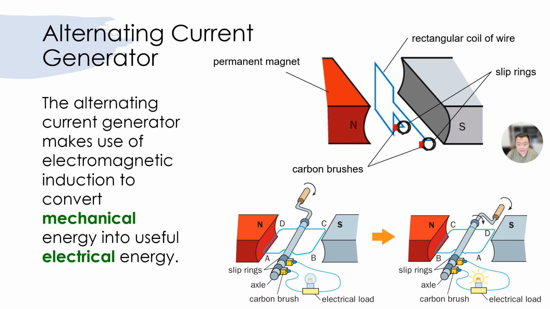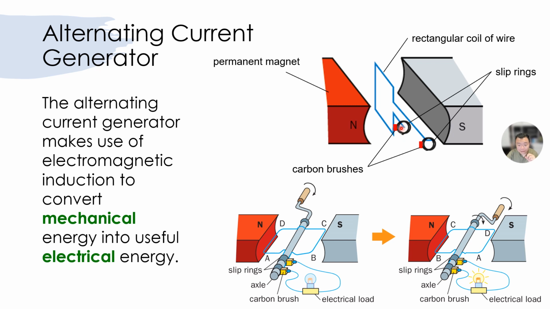I'll reinforce this later on, but you can also see that in this picture there is something called a slip ring over here. So again, last chapter in DC motor we used a split ring, split into half, so it's like two half rings if you recall that. Now in the AC generator we use two slip rings. If you look carefully, these slip rings are circular rings, and there are two slip rings here.